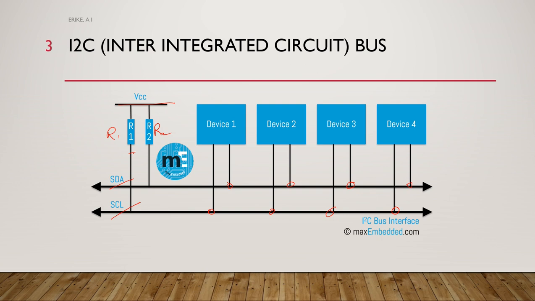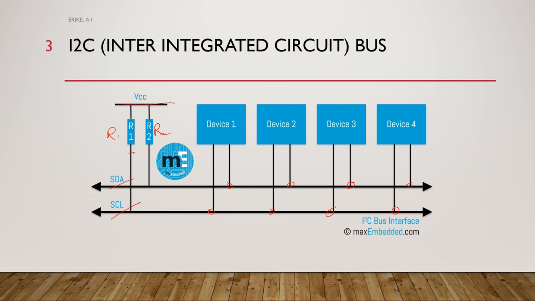Devices connected to the I2C bus can act either as a master or as a slave. When they act as a master, they are responsible for controlling the communication by initiating or terminating the data transfer, and sending and generating the necessary synchronization pulses for data transfer.